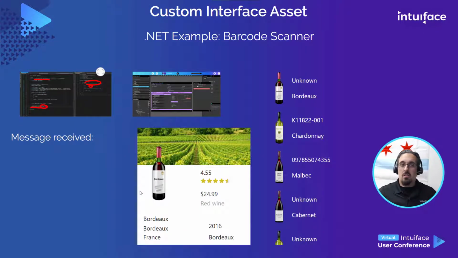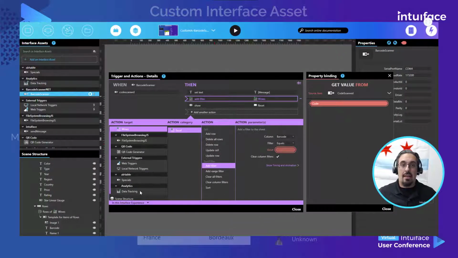And actually, the person who's going to use Composer, the designer or the integrator, doesn't need to know about that. This could be two different persons, one working on the code and the other one actually working in Composer and retrieving this interface asset. So now we have a barcode scanner.